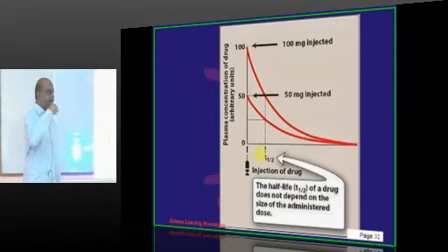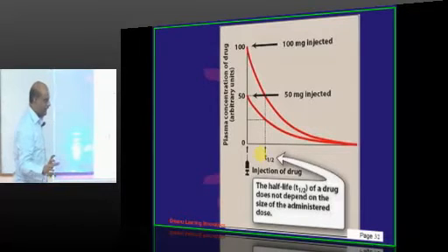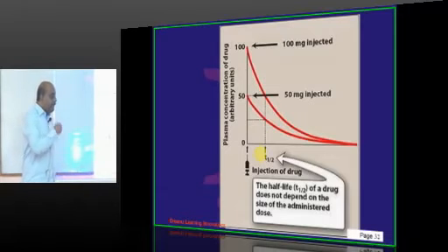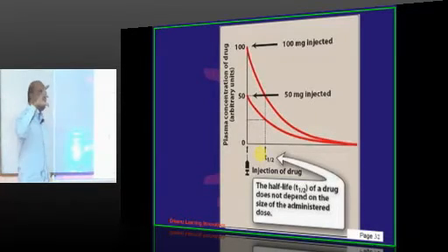For a 100 milligram tablet, let us say it achieved 100 milliequivalents per liter. I am just giving some empirical figures in the plasma concentration. For that 100 to become 50, the time taken is called half-life. If you took a 25 milligram tablet, let us say it achieved 25 milliequivalents plasma concentration. For 25 to become 12.5 milliequivalents, the time taken is called half-life.